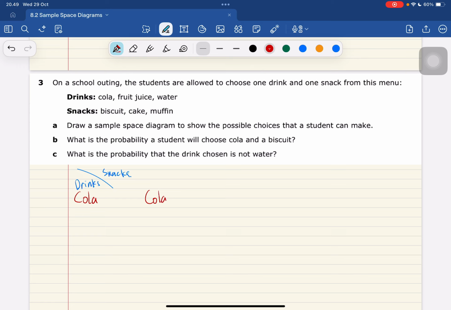So we will have cola, then cola again, and cola. After cola, this will be fruit juice.